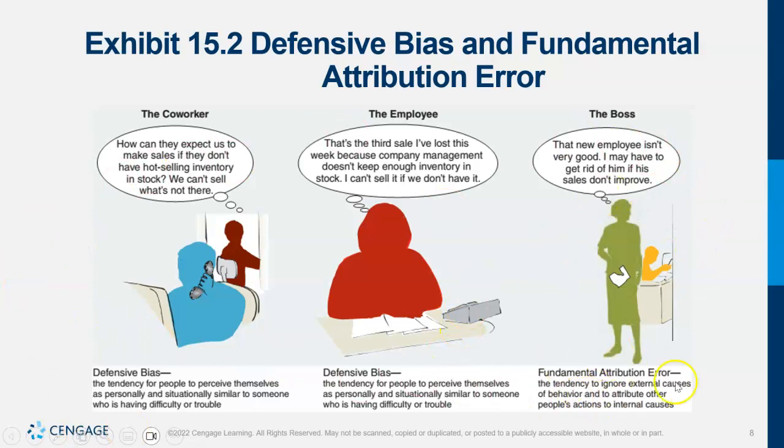Then we have the boss with the fundamental attribution error saying that the new employee isn't good, and I may have to get rid of them if sales don't improve. So the employees are saying we don't have inventory, and the boss is saying my employees don't know how to sell. We have these communication issues where maybe it's both. Who knows?